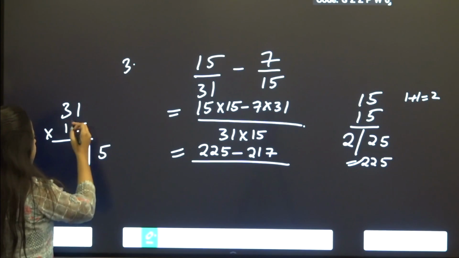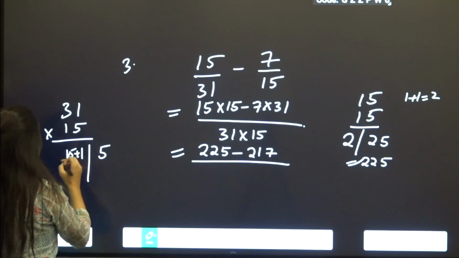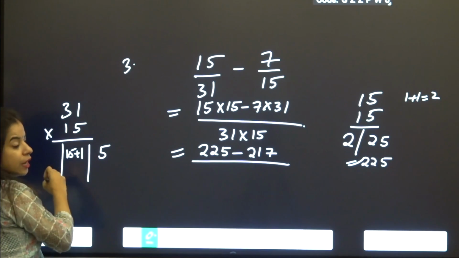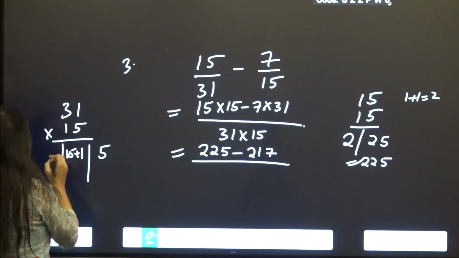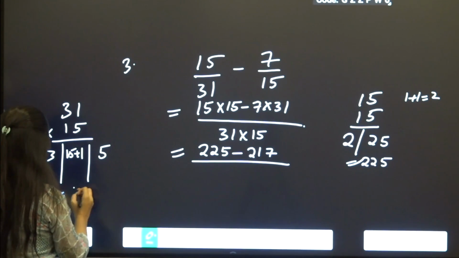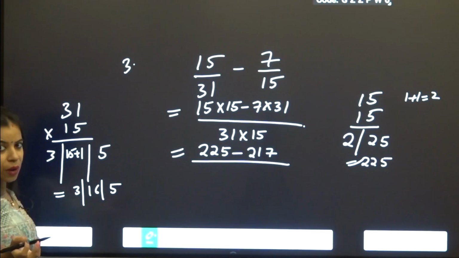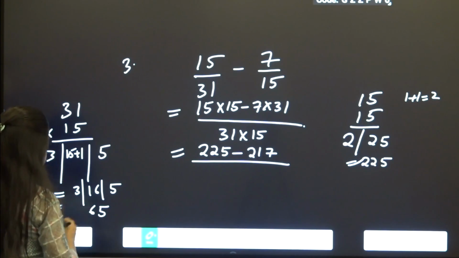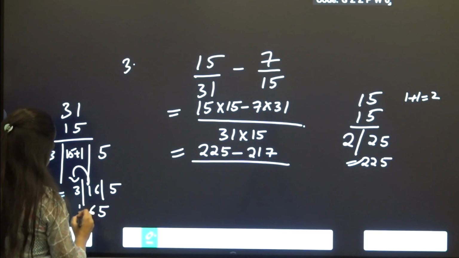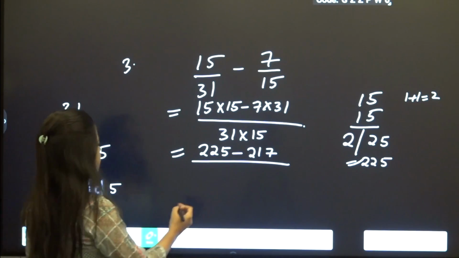For the middle part, 5 into 3 is 15 plus 1, and for the left part, the product of the numbers at the tens place, which is 1 into 3, 3. So this will become 3 16 5. Now comes the balancing part. So 5 will be as it is, 6 will be as it is, 1 will be carried forward, and this will become 465.